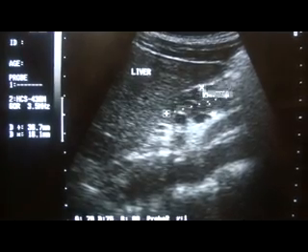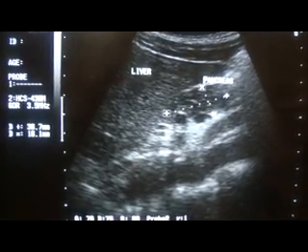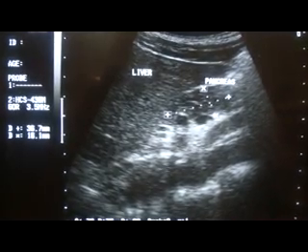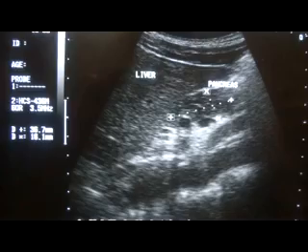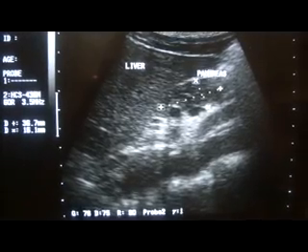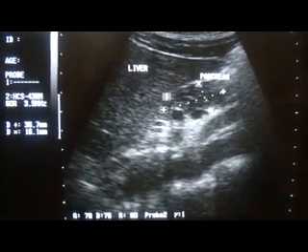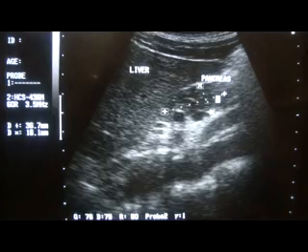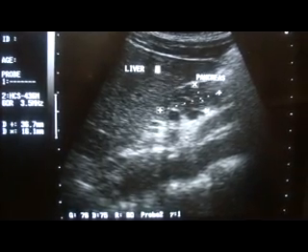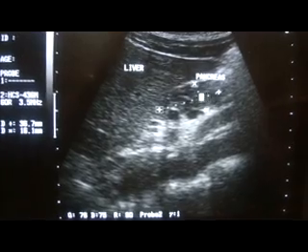Now what happens is, when you move the probe cephalad from this position, towards the patient's head region, in this position you will get the splenic vein.